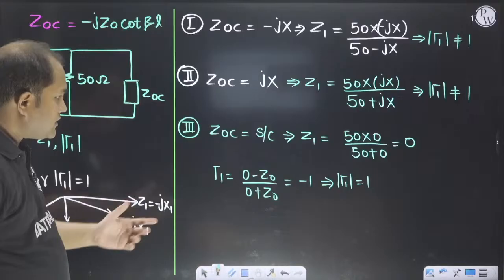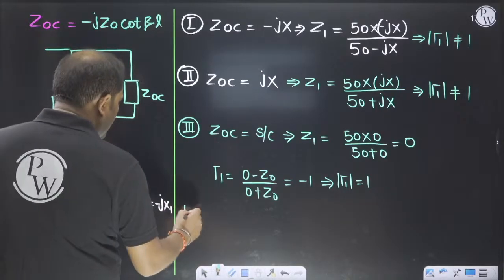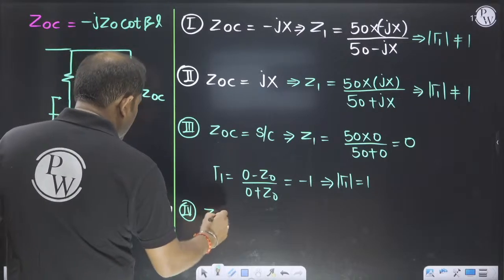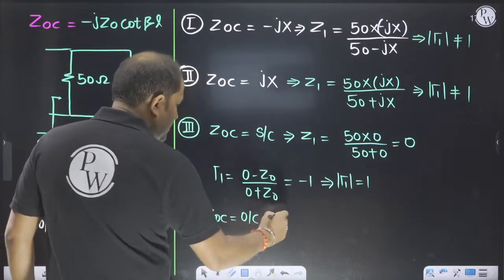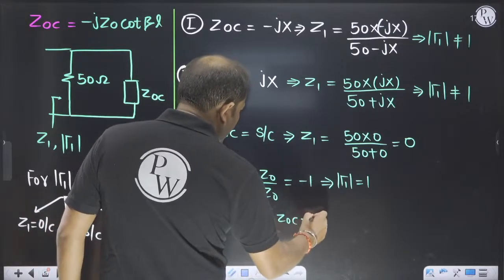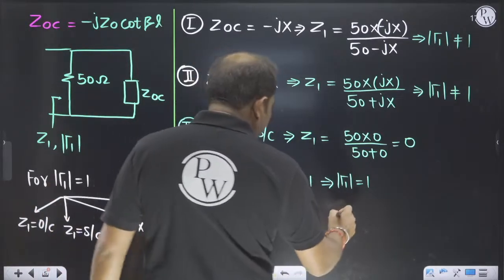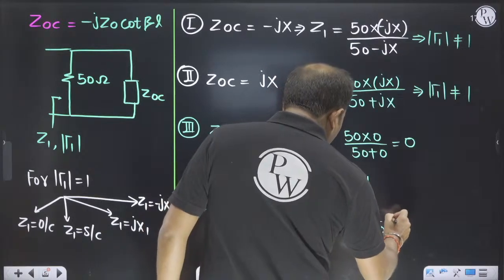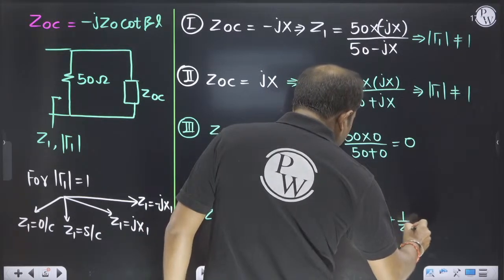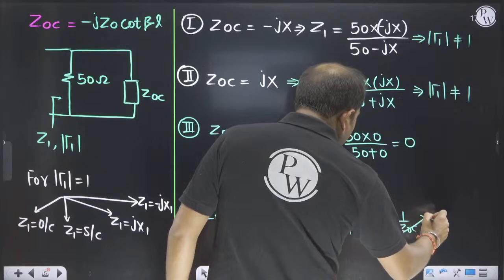Or fourth case, I will also see. So in case of fourth, ZOC is equal to open circuit. Open circuit, that means ZOC is equal to infinite. So in parallel condition, what is Z1? Z1 is 1 by 50 plus 1 by ZOC. This is the parallel condition. It is open circuit, so 1 by ZOC is 0.